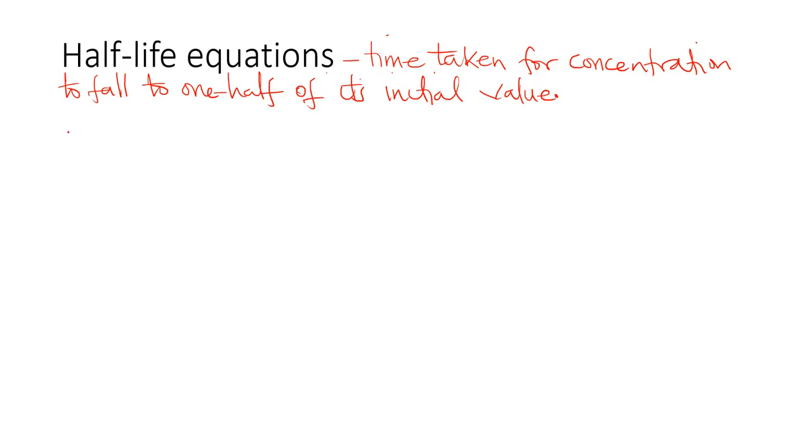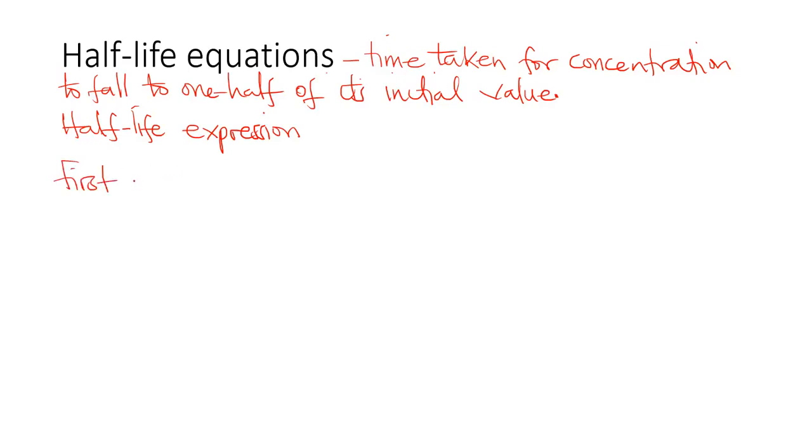Now, I'm not going to derive the half-lives here. I'll just tell you the half-life expressions for a first order reaction and a second order reaction. You just need to know these half-lives.